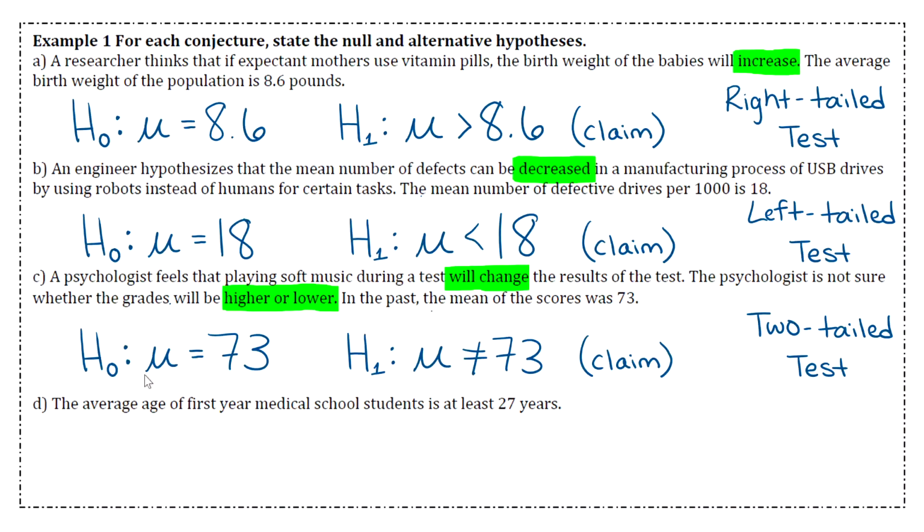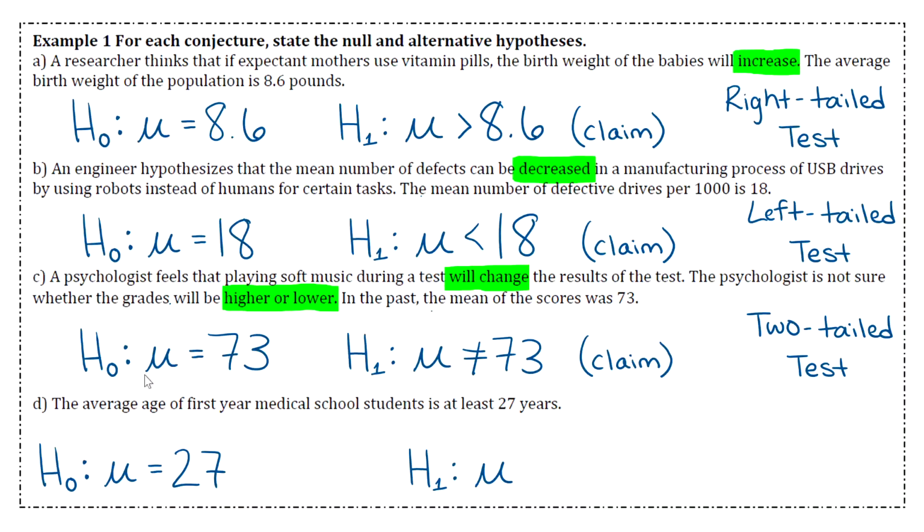It says the average age of first-year medical school students is at least 27 years. So I know that no matter what, H naught has to be the one with the equal sign. So I'm going to put mu equals 27. Now, here's the interesting part. For H1, if I read this again, it says that the average age is at least 27.